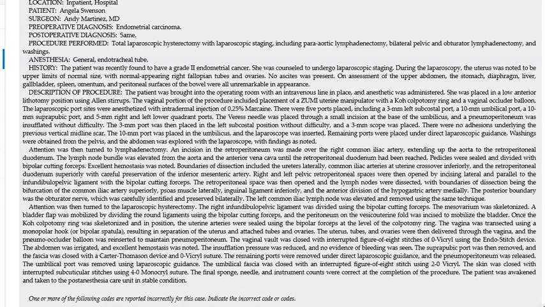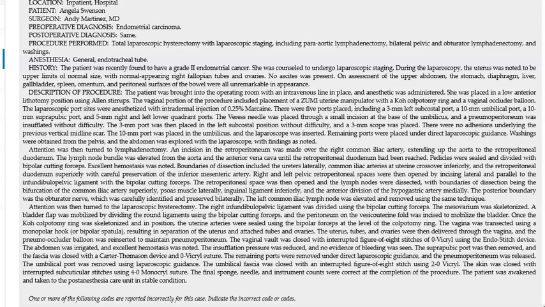Pedicles were sealed and divided with bipolar cutting forceps. Excellent hemostasis was noted. Boundaries of dissection, including the uterus, lateral common iliac arteries and uterine crossover inferiorly, and the retroperitoneal duodenum superiorly, with careful preservation of the inferior mesenteric artery.